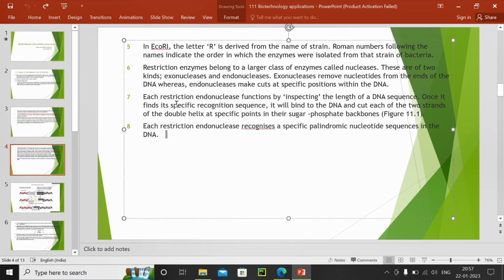After that, each restriction endonuclease functions by inspecting the length of the DNA sequence. So here what happens? It inspects the DNA and finds particular repeating sequences inside it called tandem repeats. Finding these tandem repeats, it cuts at a particular specific sequence and base pair.